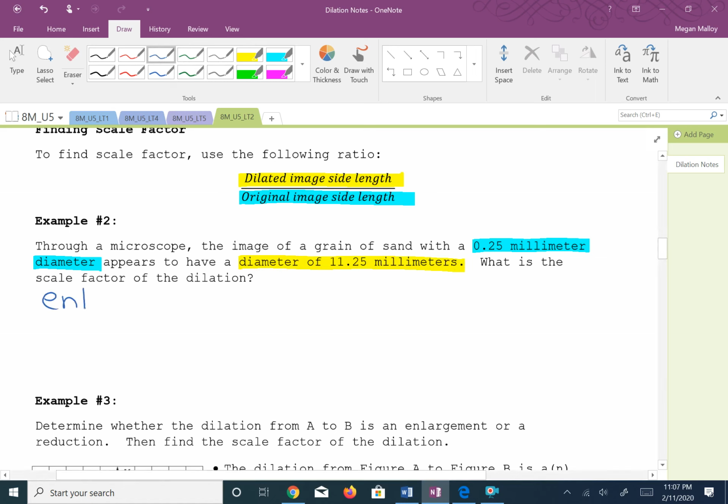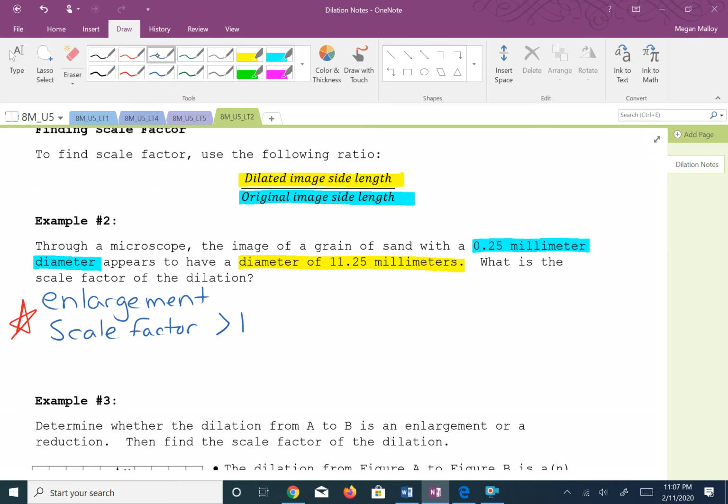So this should be an enlargement, which means that my scale factor has to be greater than 1. You should always be asking yourself if it's an enlargement or reduction, and then if it's an enlargement, what does that mean for the scale factor? If it's a reduction, what does that mean for the scale factor? Because that's a really good way to check if your math is correct when you put the ratio together.